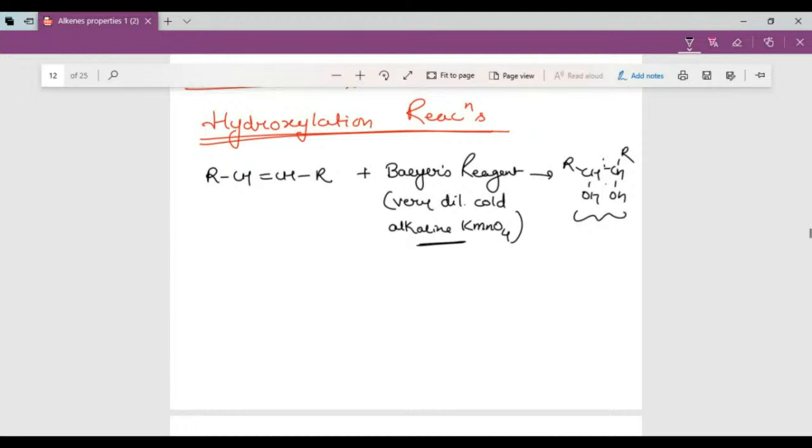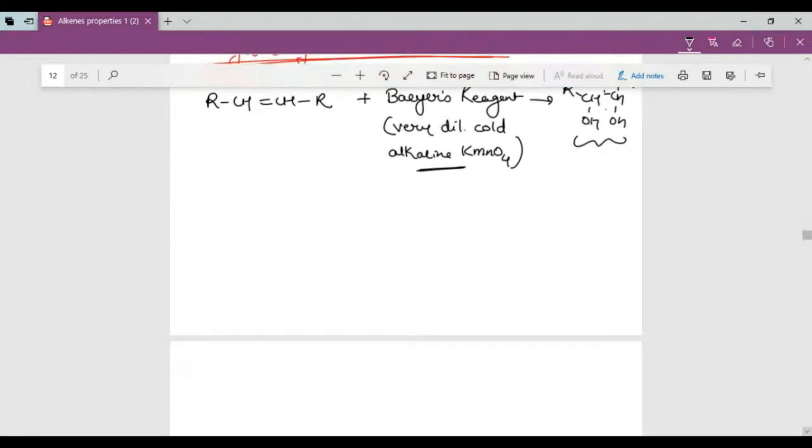So we have to be very careful about the use of dilute KMnO4. Correct? So how do we do it? Let us do a reaction with Bayer's reagent mechanism.